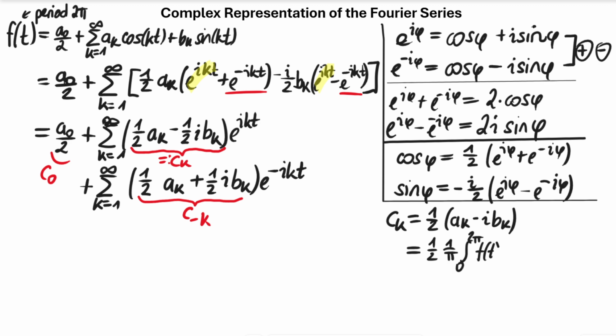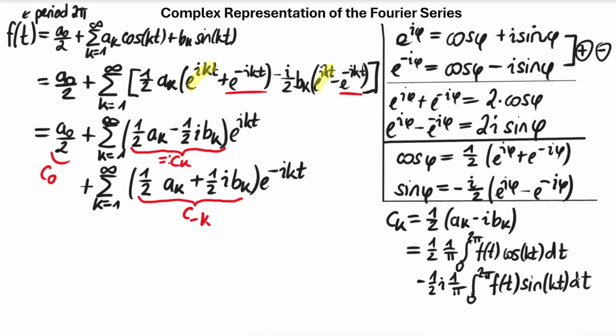And the a_k are responsible for the even parts, so it is the cosine kt dt. And then we also have the second term here, so we have minus 1/2 times i times 1/pi integral from 0 to the full period 2pi, and the b_k are for the odd parts, so we multiply by the sine kt dt.